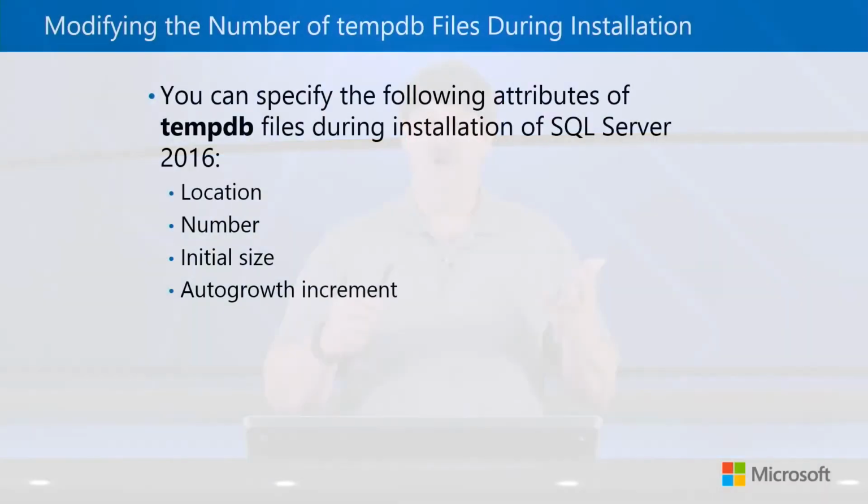So with regard to TempDB, there's certain things you can configure during the installation of the SQL Server: where the TempDB files are going to be stored, the number of files you're going to allocate to TempDB, the initial size of those files, the auto growth increment. You could theoretically also specify the max size of those files as well. We can also change these at any time.